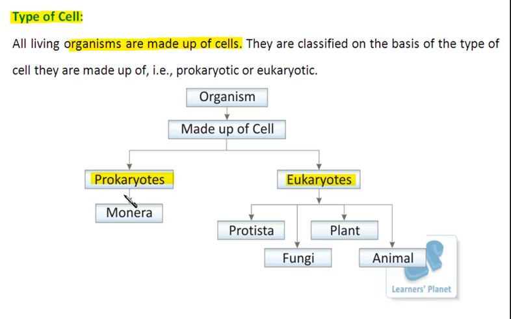So in this case, the primitive type of nucleus is present, right? And that region where this genetic material is present in such cells is known as the nucleoid.